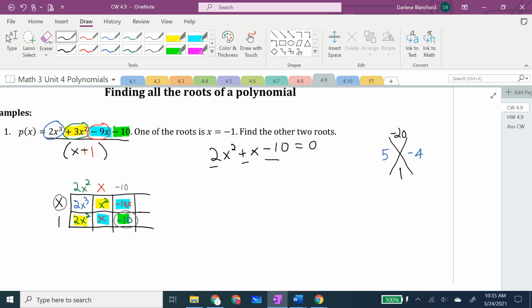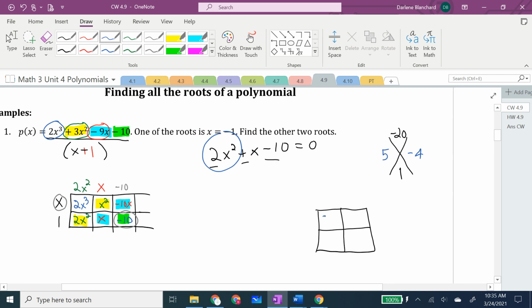That tells me how to break up the preparation. So 2x squared and the constant, and then that leftover x is found by doing a 5x and a negative 4x adding together.